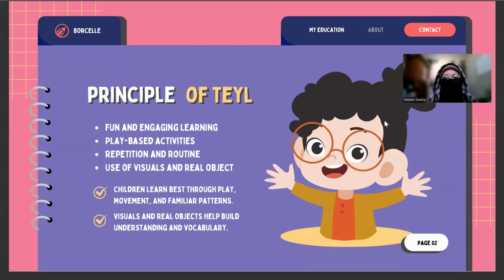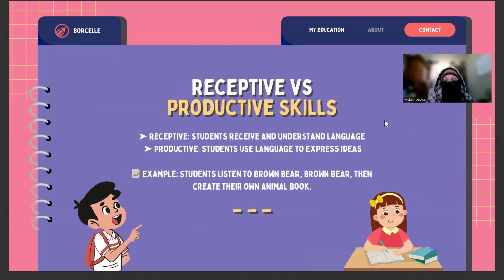Okay, everyone. So, this is the next slide. It's about receptive versus productive skills. When planning a lesson, we need to balance between receptive skills, which include listening and reading, and productive skills, which include speaking and writing. For receptive skills, I might tell a story or play a short video, asking students to listen for specific words. Once they're familiar with the content, we transition into productive activities.